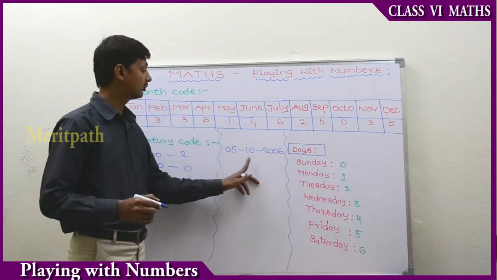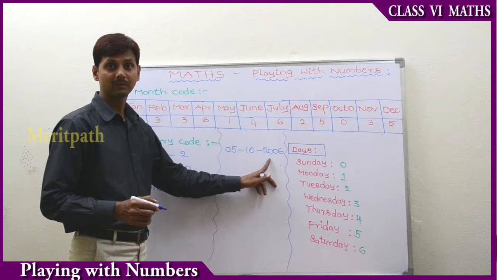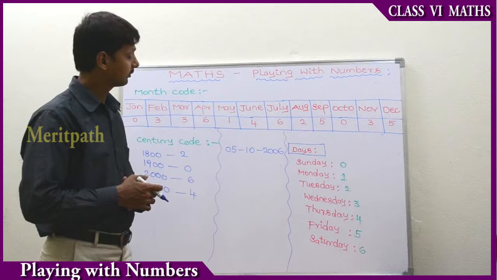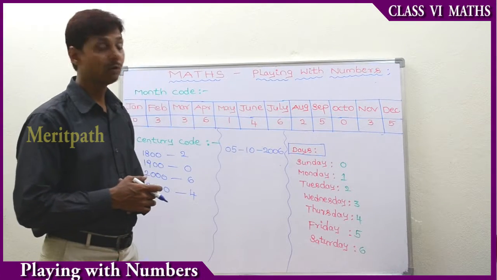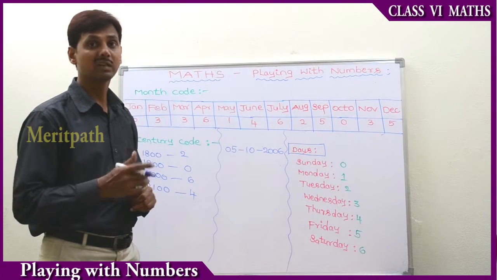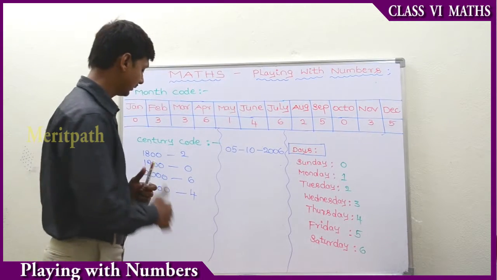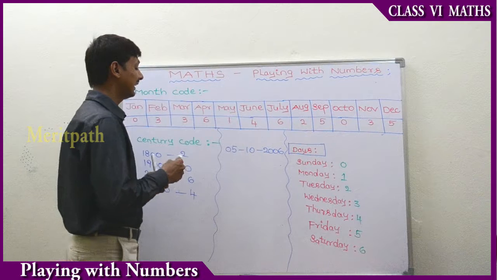So 5th October 2006 is the date when you were born. So I'll tell you what is the day of the particular date. So here we'll follow the sum of the codes. That is, first we'll take the day.